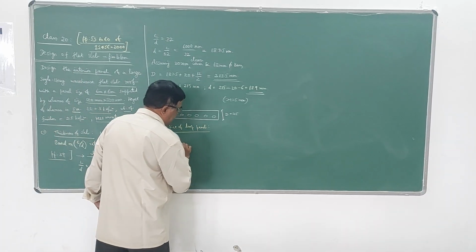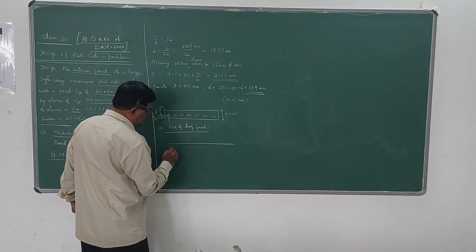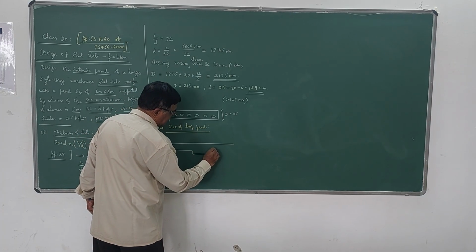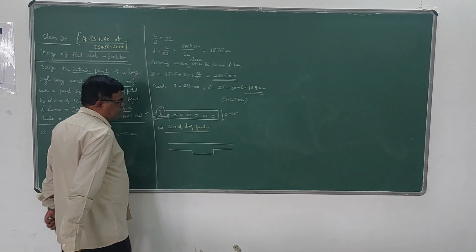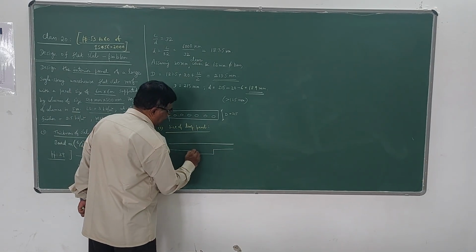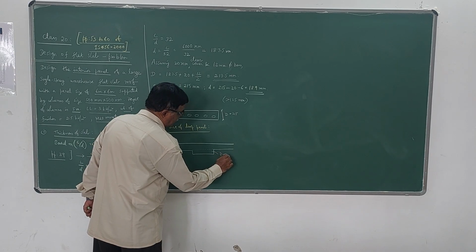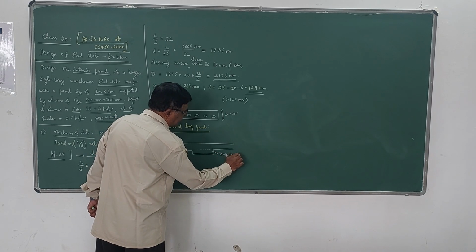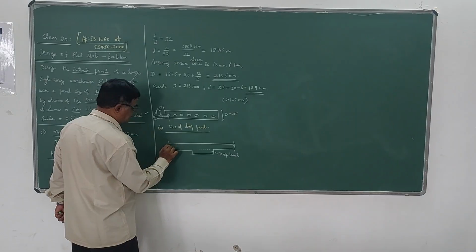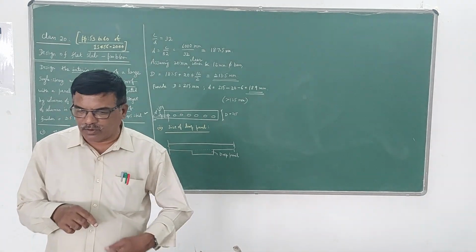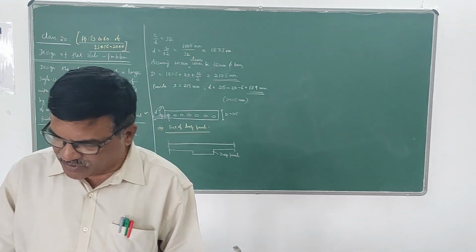If this is the slab, you are going to provide a drop panel here, like this. This portion is called a drop panel. Now we have to fix the size of this drop panel. So let us fix the size of the drop panel.